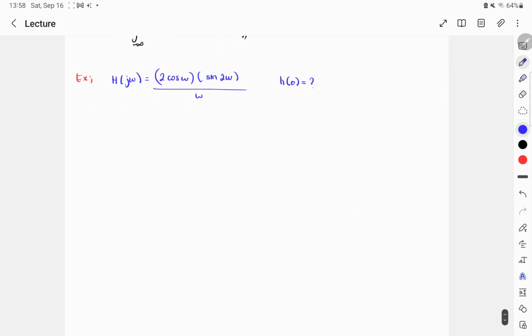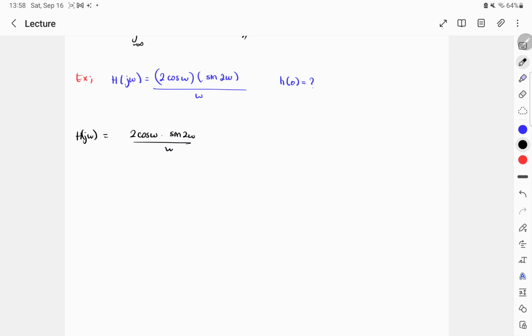And how do we do that? We are asked to go in the reverse direction this time. How do we do that? Now we are given the Fourier transform. Let me write this again: sine 2 omega over omega.